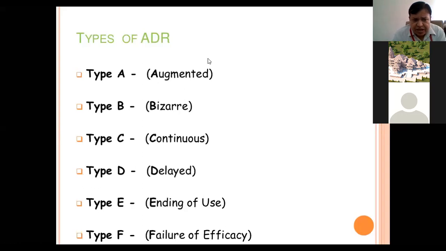And type F is failure of efficacy. These are the types of adverse drug reaction. Now we'll see in detail.